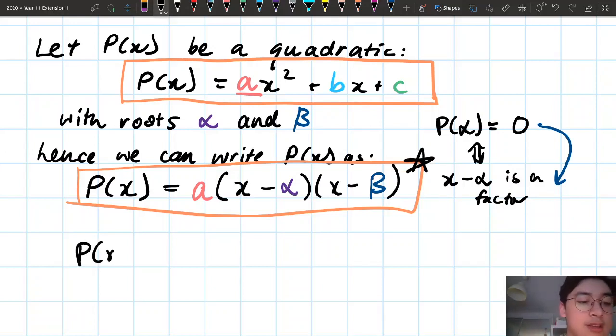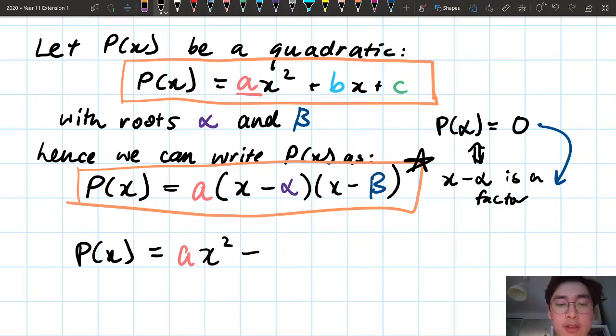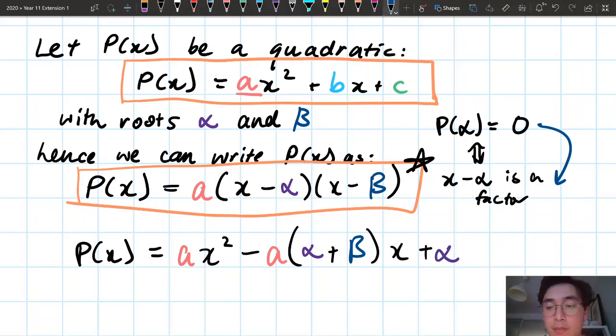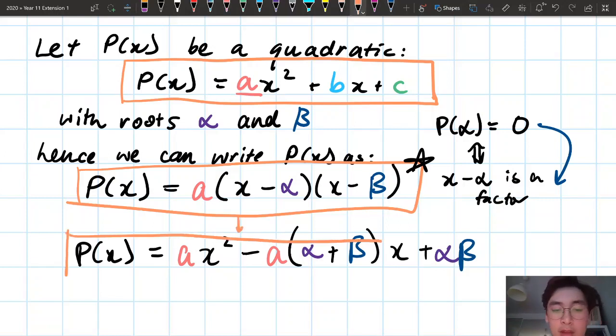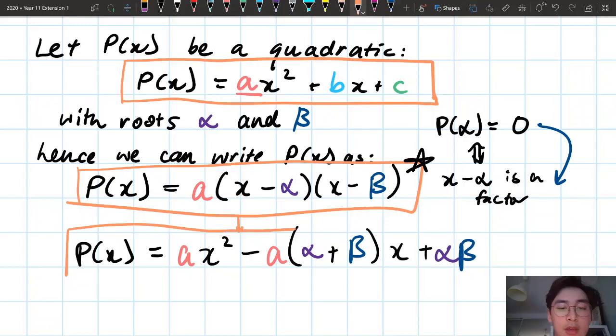It tells us that this is equal to a times x squared minus a bracket, alpha plus beta, x, plus alpha beta. This is what I get when I expand out my polynomial that's in the brackets.